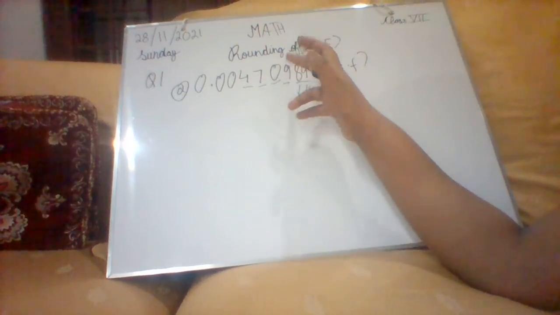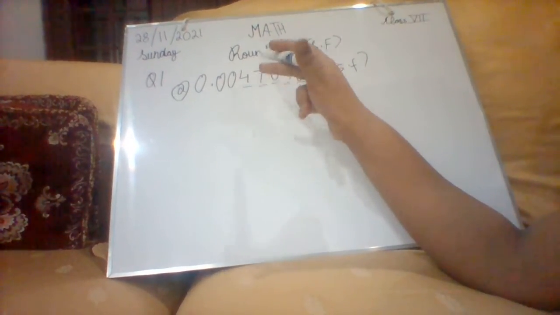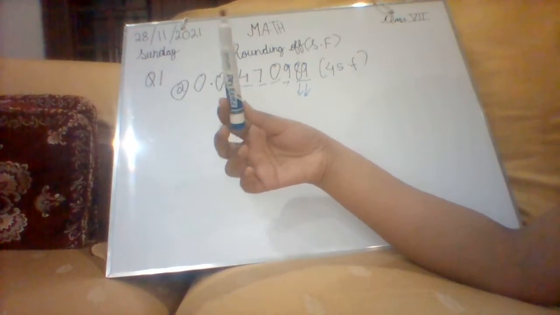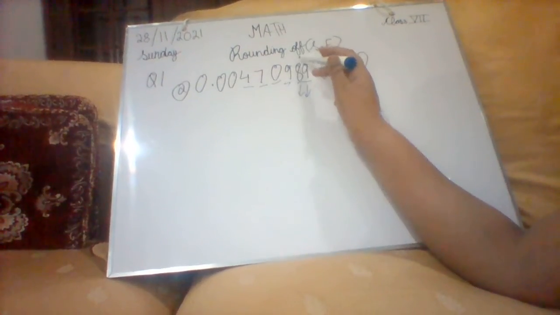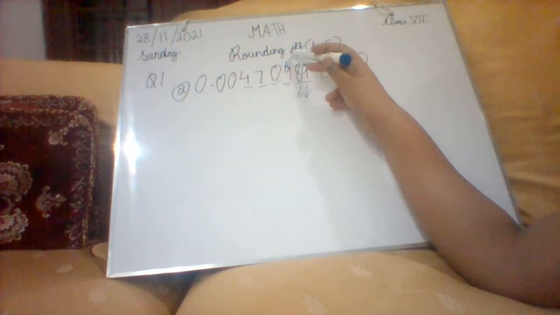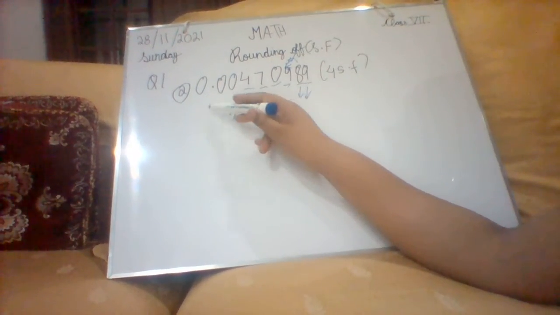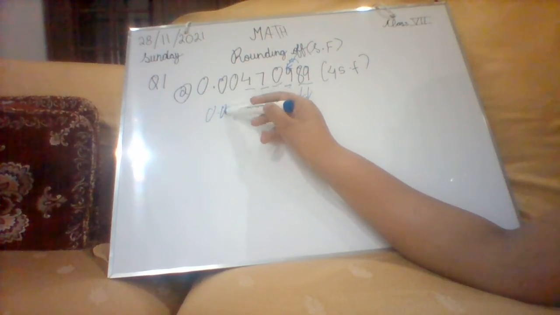The dropped digits are 8 and 9. 8 is more than 5, so we add 1 to the 9. So your answer is coming 0.00.